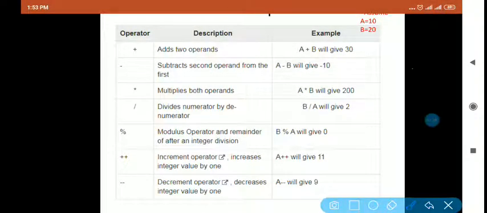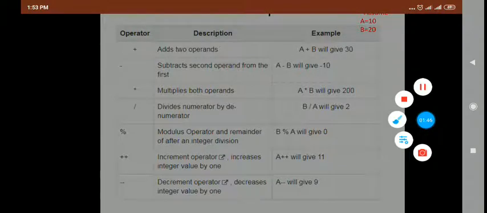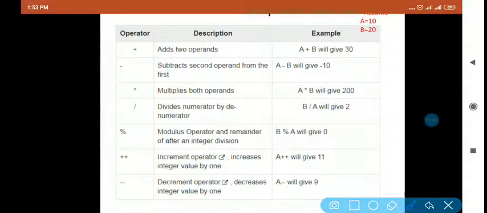Let's start with the arithmetic operators. These are the arithmetic operators supported by C++. First is the plus operator, then minus, multiplication, then division, then modulus division, and then the increment operator, plus plus, and the decrement operator.